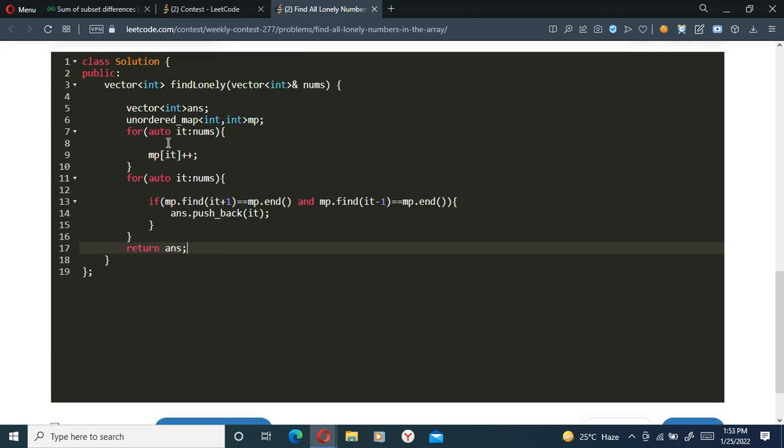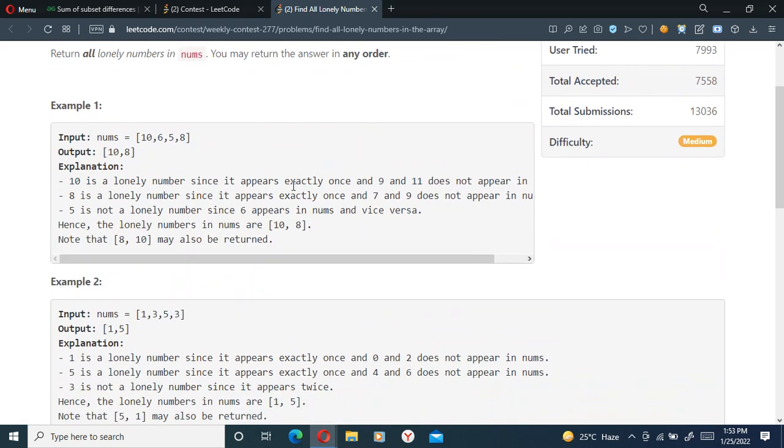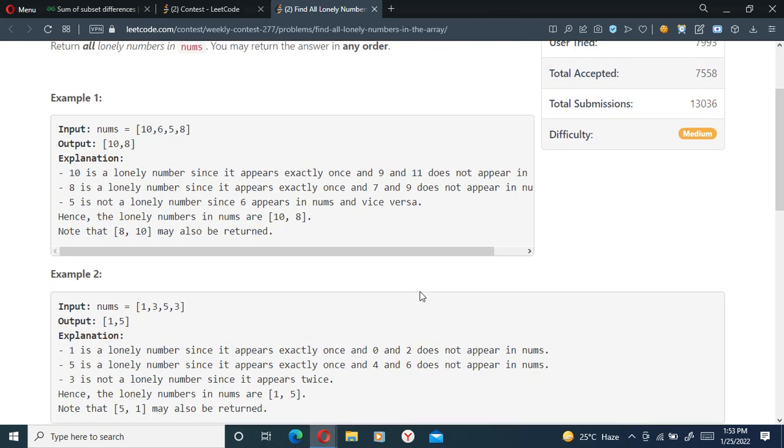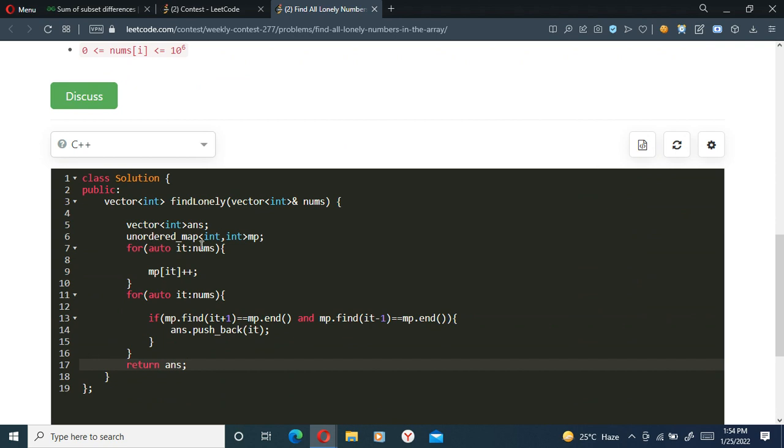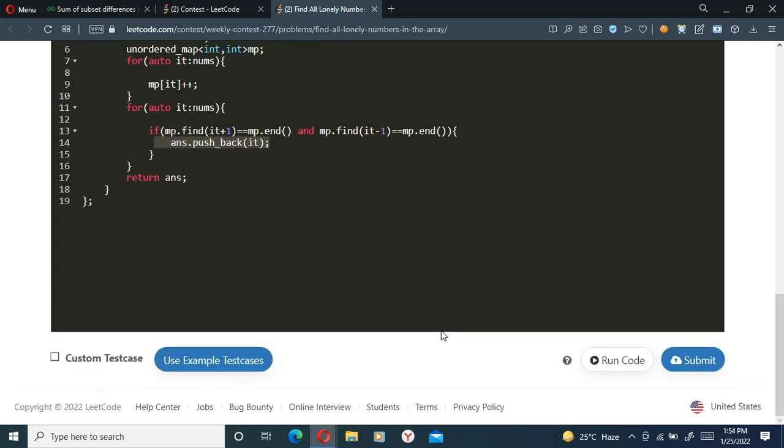See, I've taken these values, that is 10, 6, 5, 8. 10658 has been inserted. After that, just find the value for I plus 1 and I minus 1. If it is not there in the map, just push back into the answer.